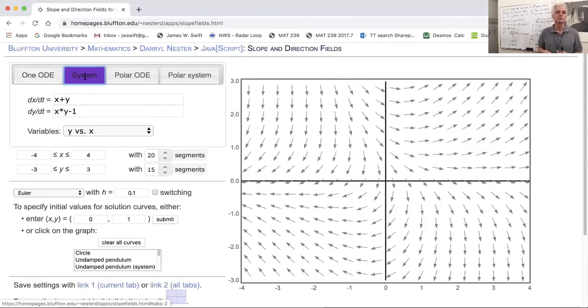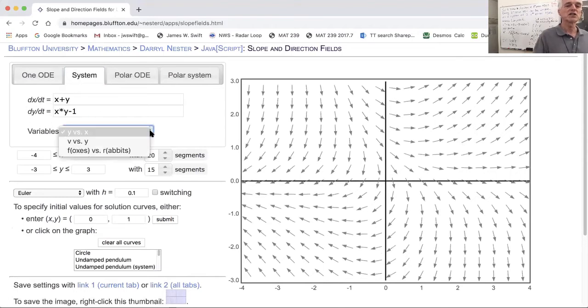So here's a system of two first-order ODEs, dx dt and dy dt. We're going to change the variables to v versus y. So let's change the differential equation to the very first one we had.